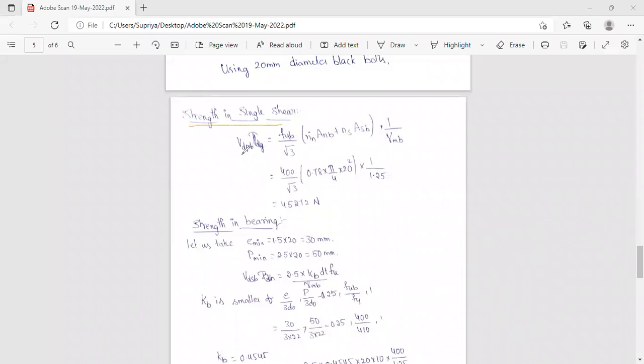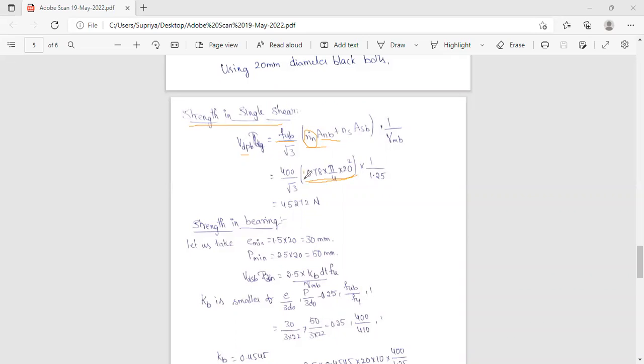Strength in single shear VDPB is equal to FUB by √3 into ANB plus NS ASB into 1 by gamma MB. FUB is 400 divided by √3, and ANB value is 0.78 into pi by 4 d square. NN means the number of bolts intercepting with the threads.